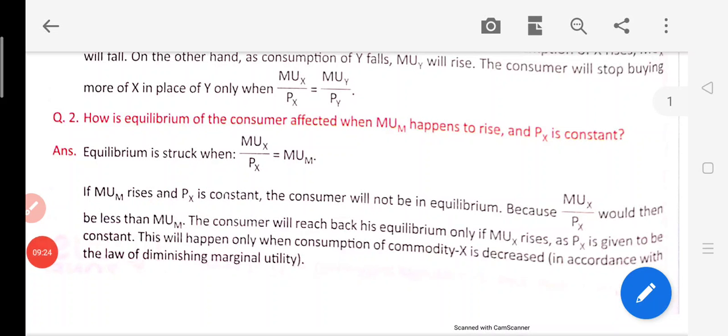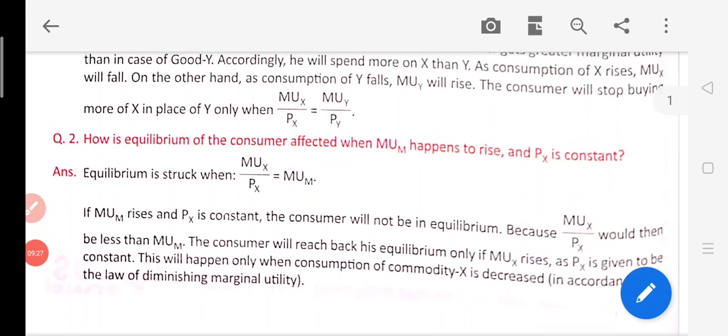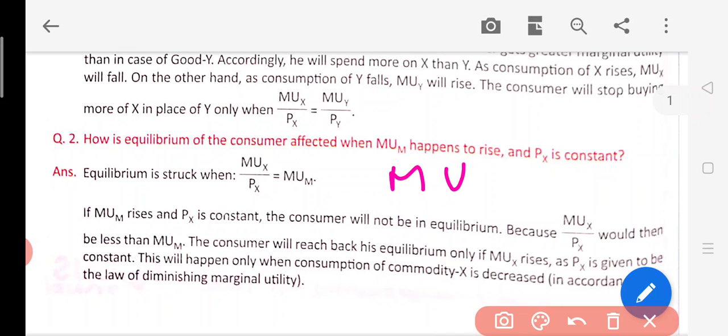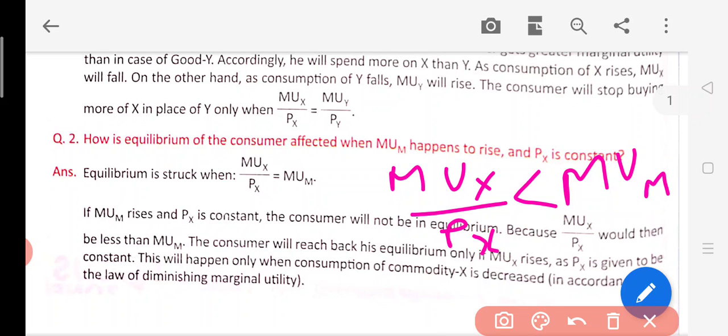Now here this means, MUX upon PX is less than this MUM, and as I told you earlier, in which condition will this less than sign become equal?